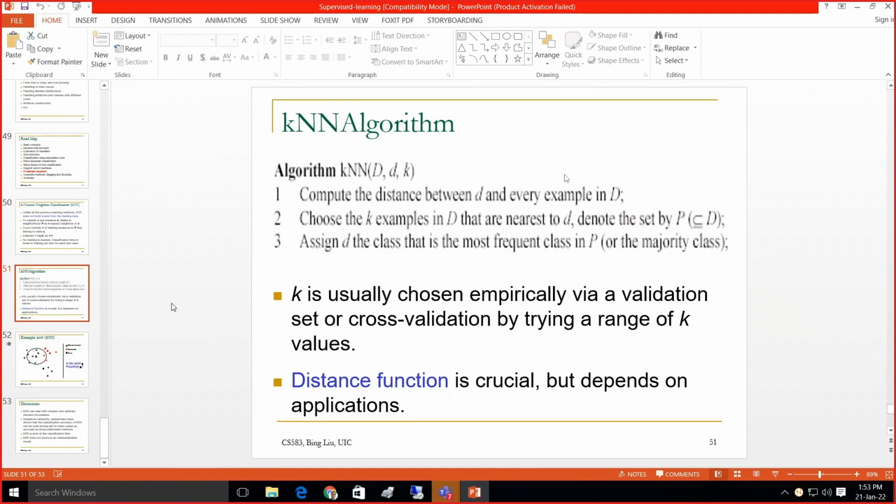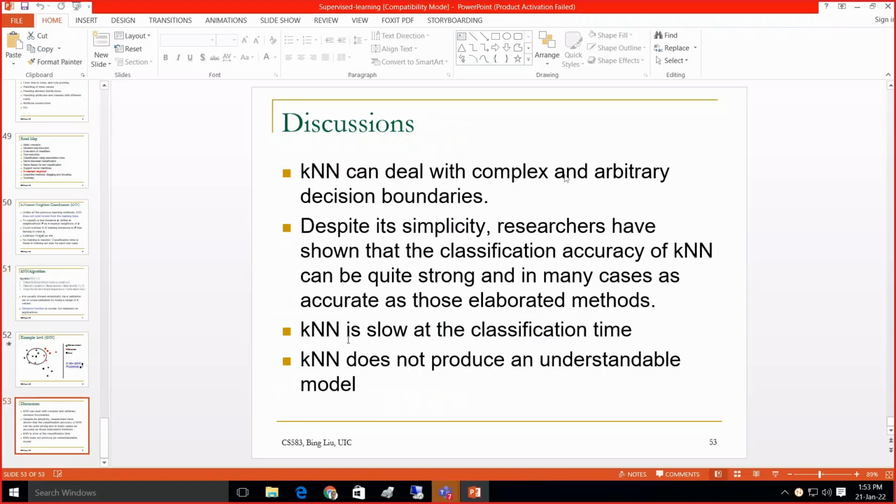Let's assume there are 10 unseen samples coming, and you have 1000 points in the data set. In total you have to access 10,000 points, which makes it a pretty slow algorithm. So you can see it is slow at execution time. Classification time is very slow, right?